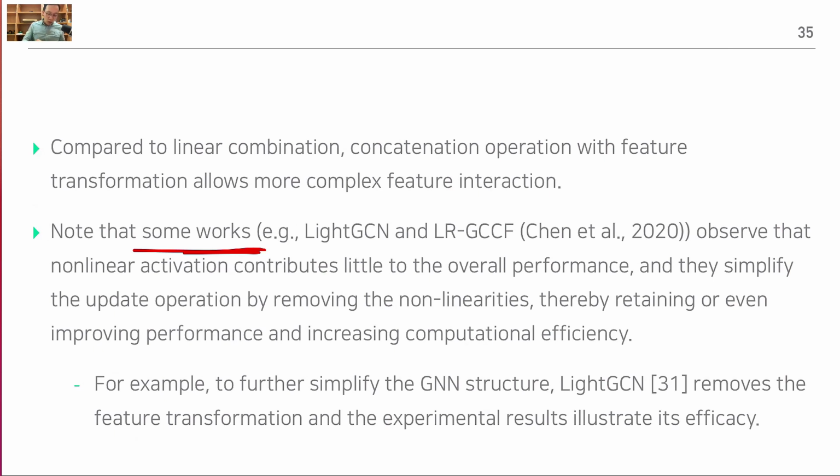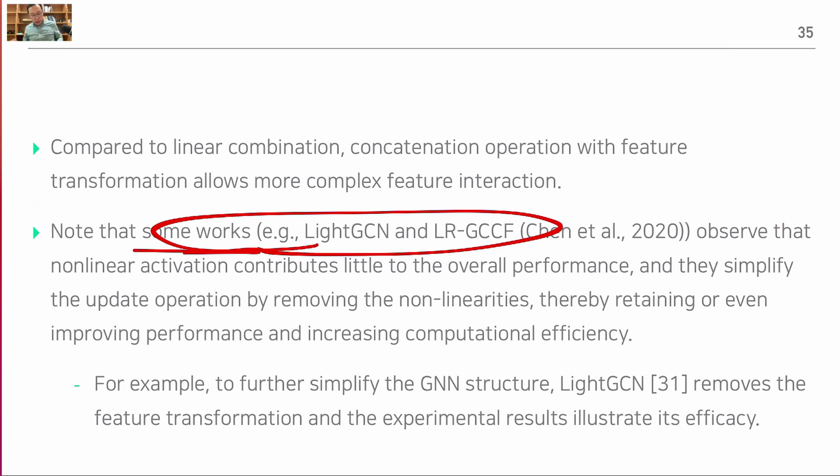I'm sorry. So the work observed that the complicated update function contributes little to the overall performance, and they simplified the update operation. So we went to the complicated one, and now we're coming back to the simpler one.